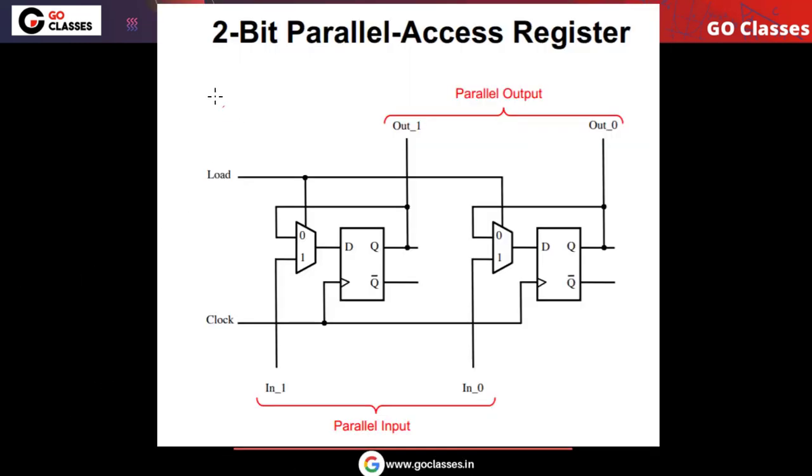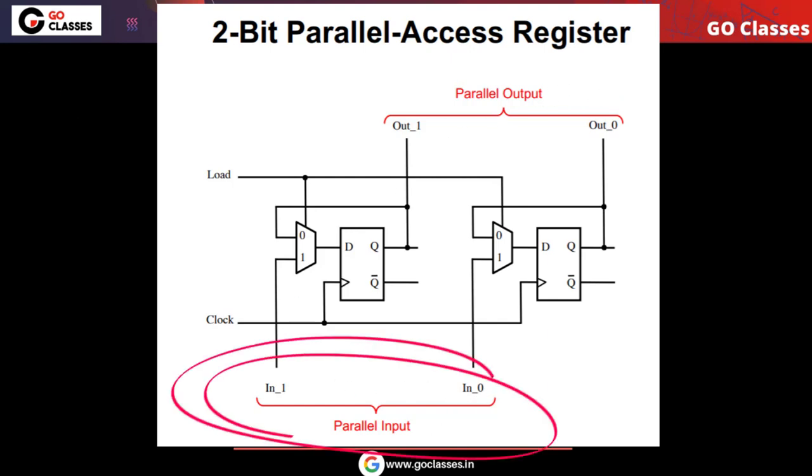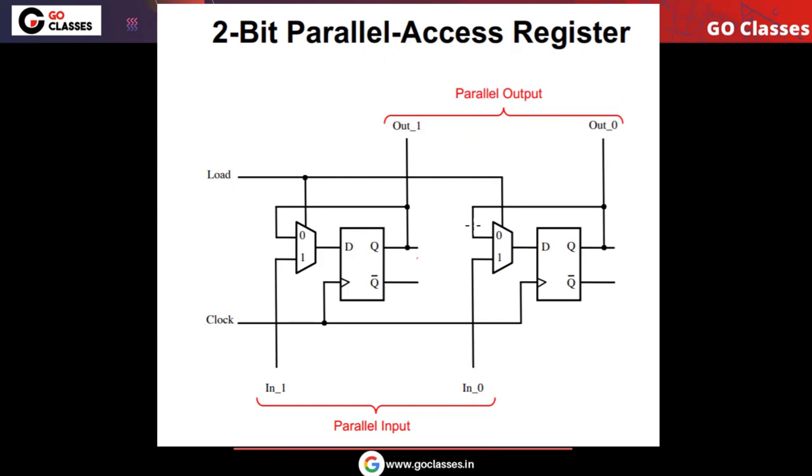Now similarly you can see the 2-bit version. If you want to create a 2-bit parallel register, the data is stored in parallel and we can read the data in parallel. This is a parallel in parallel out register, your 2-bit PIPO register with load control.